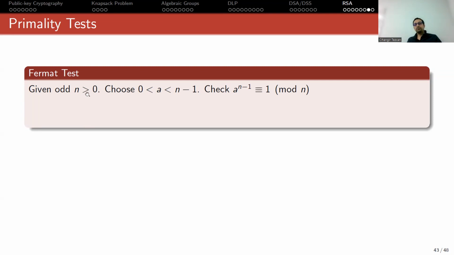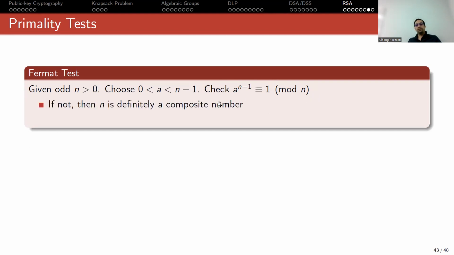Given odd n, choose a random number a, okay? And check a to the n minus 1 modulo n and see if it is congruent to 1. Recall that if n is prime, Fermat's theorem says that this is always true, right?